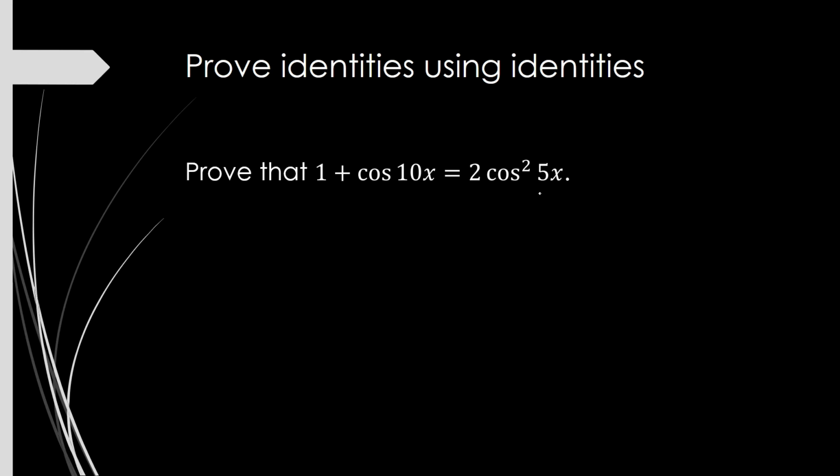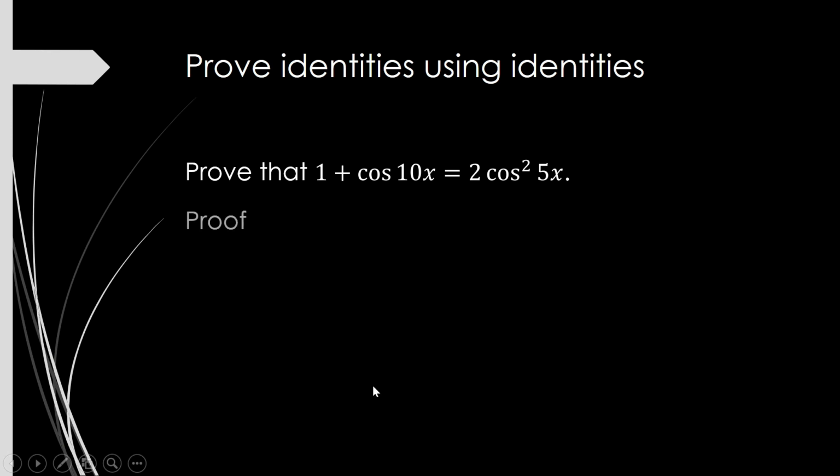Because look at this, 5x, 10x. 10x is twice of 5 times x. 2 times 5 times x is equal to 10x. So you can see the logic why this is listed as an exercise under double angle identities.